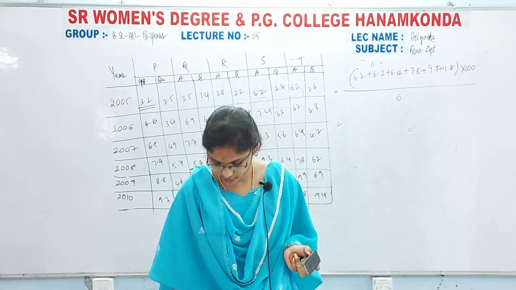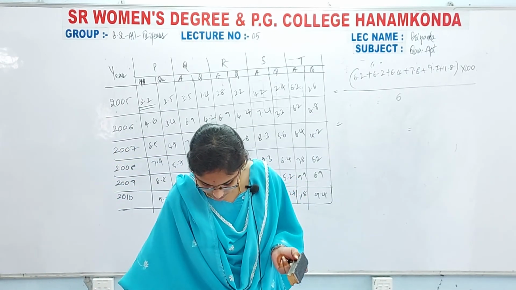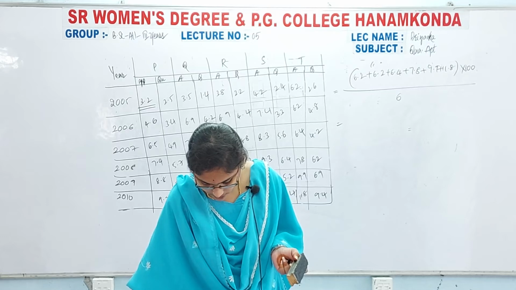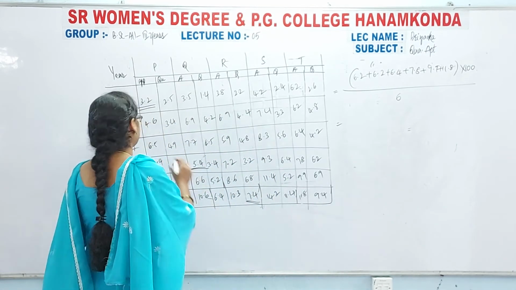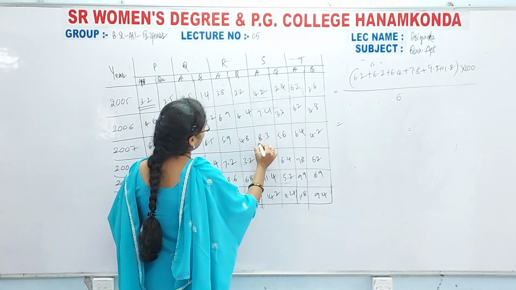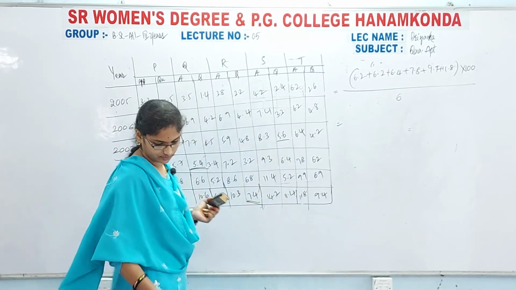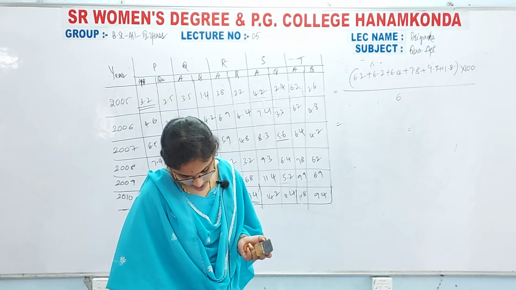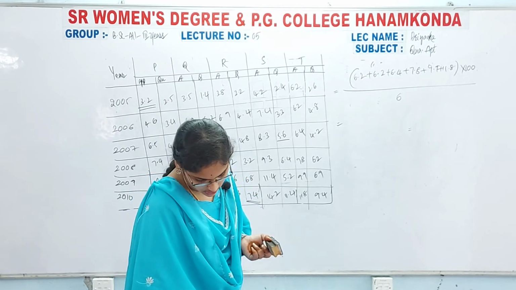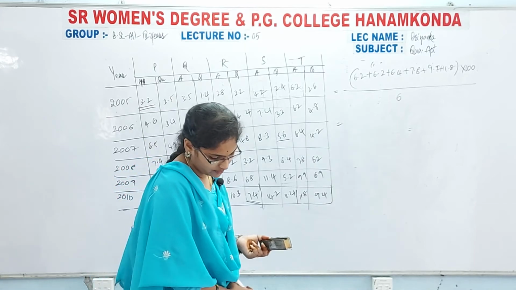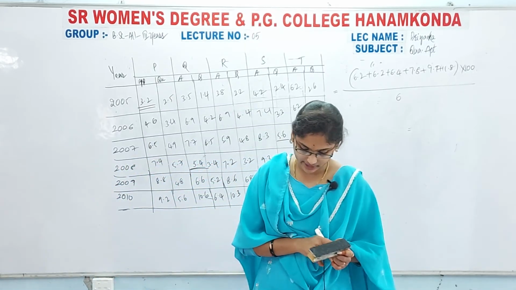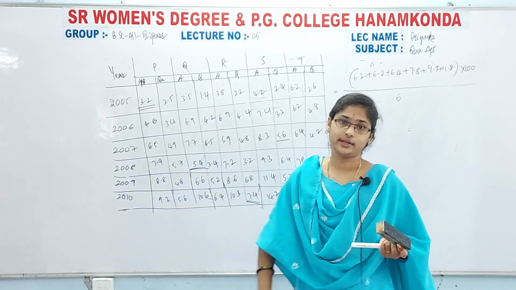We have to find the ratio to the number of candidates qualified from zone S in the year 2007. 2007 S zone qualified, no? Yeah, qualified from zone S in the year 2007. We have to find the ratio. Now write down, the ratio we have to find out.